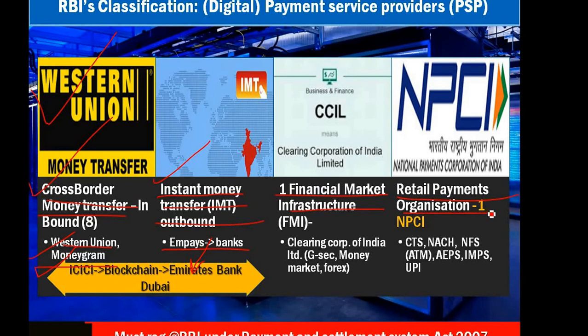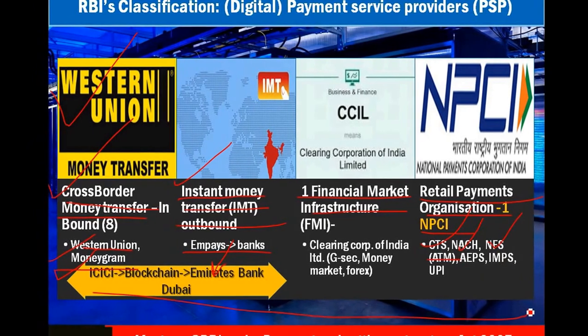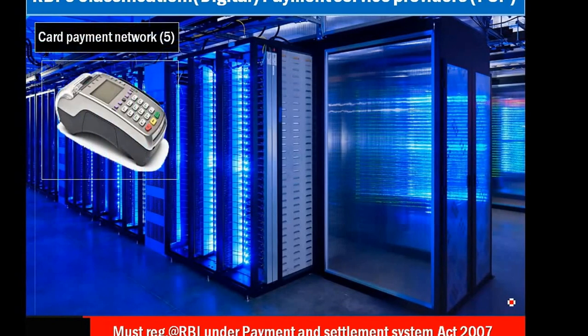Using the blockchain technique, the transaction is more secure and there are fewer chances of theft, money loss or failed transactions. Another kind of payment service provider in the financial infrastructure is CCIL, the Clearing Corporation of India Limited, which provides payment services for the money market, forex or G-sec.